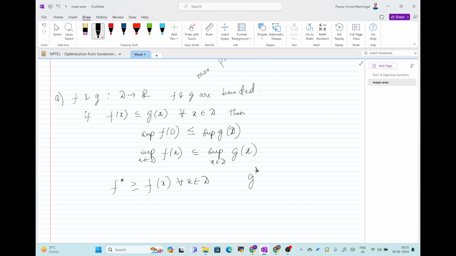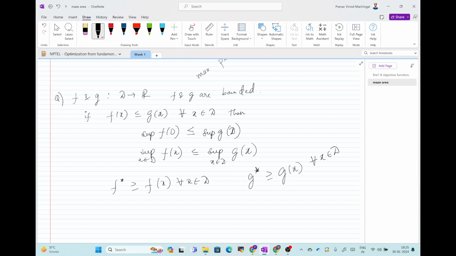And g star is greater than or equal to g of x for all x in D, right?